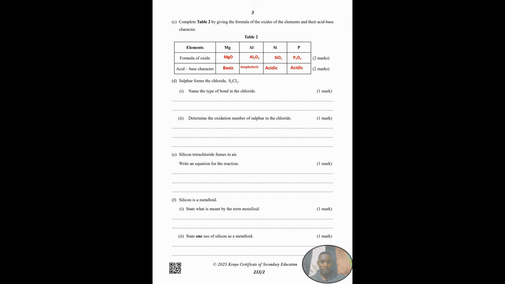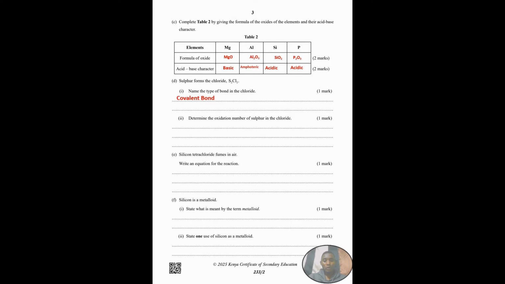Because these are two non-metals that have formed a bond covalently, the type of bond in the sulfur chloride is a covalent bond. This is a covalent bond simply because we have two atoms of sulfur and two atoms of chlorine.